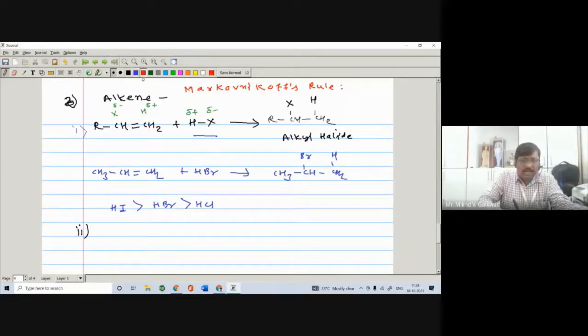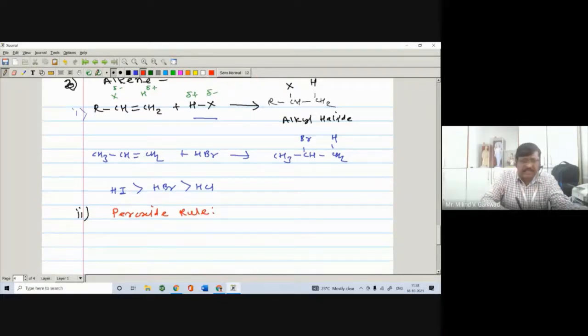Take the same alkene, R CH double bond CH2, reacting with HBr in particular, and the reaction takes place in the presence of peroxide, hydrogen peroxide.